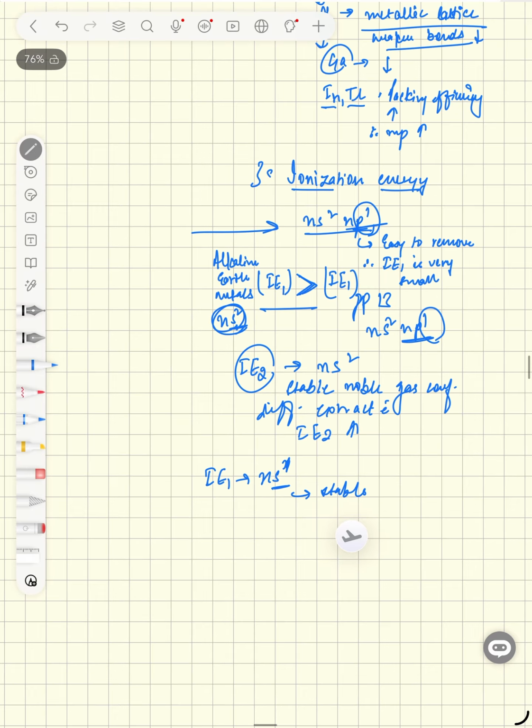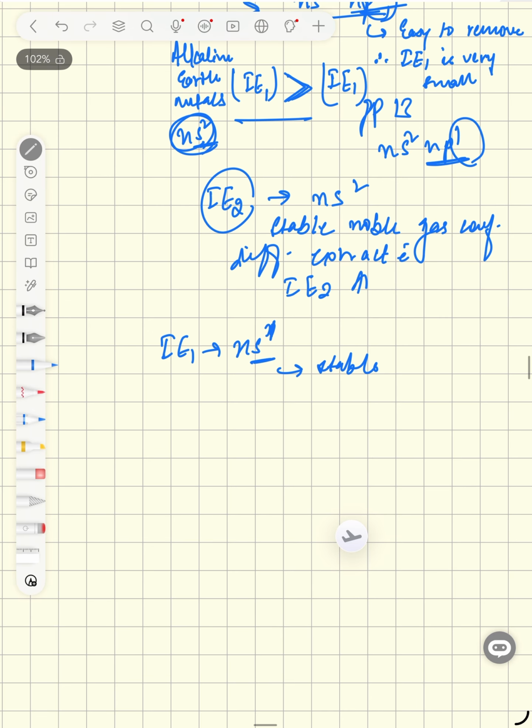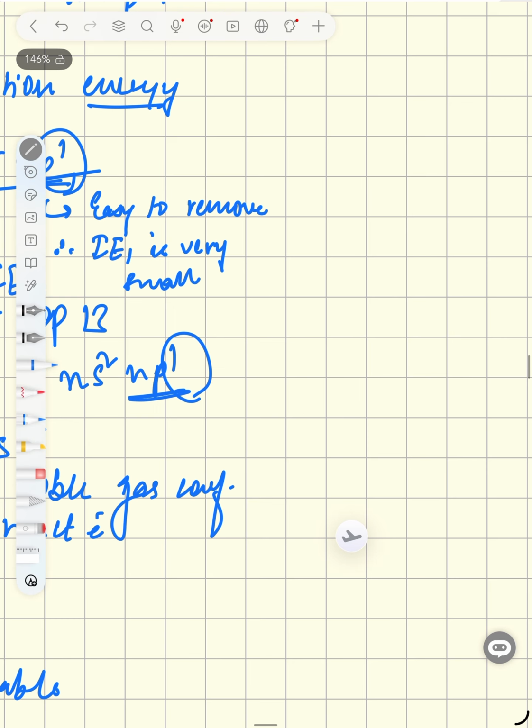And now we talk about how ionization energy changes as we move down the group. Going from boron, aluminium, gallium, indium to thallium, boron has the highest ionization energy, right?